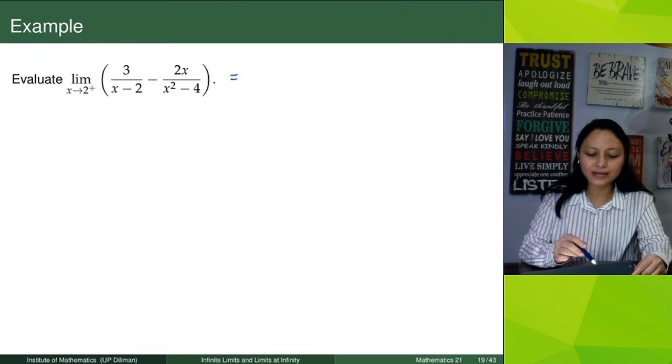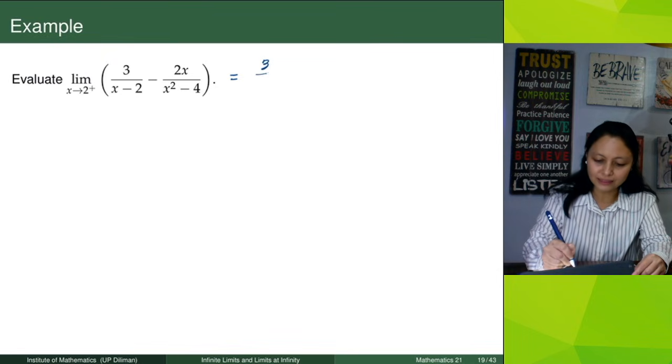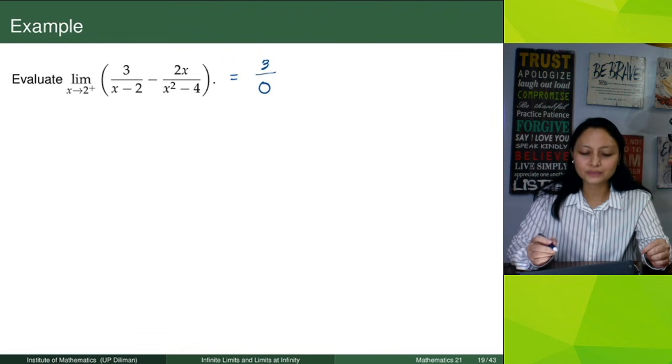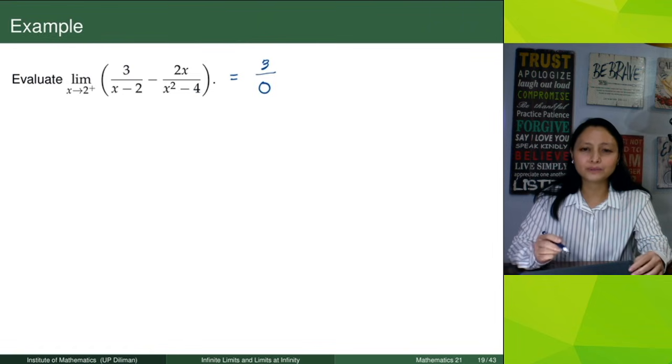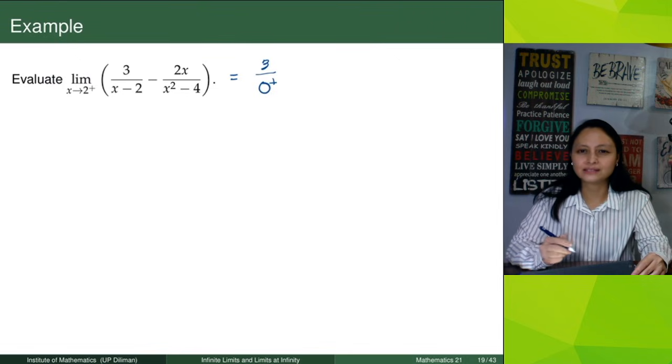If x is approaching 2 from the right, 2 minus 2 is 0. So 3 all over 0. But you're approaching 2 from the right, so the difference will approach 0 from the right. For example, x is 2.1, 2.1 minus 2 is positive 0.1.